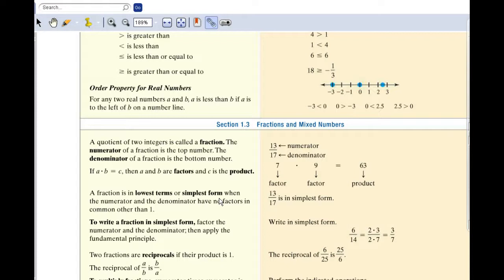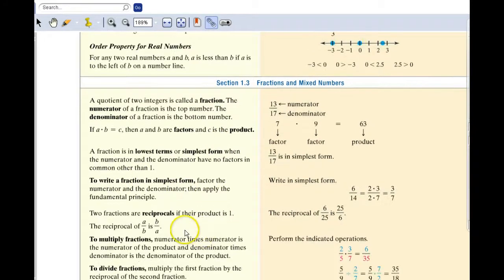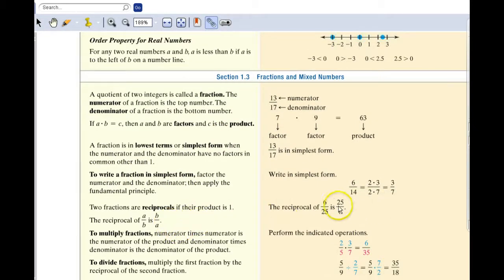Otherwise, you would need to take out those common factors. And reciprocals, we said, is what we multiply something by so that the product is 1.